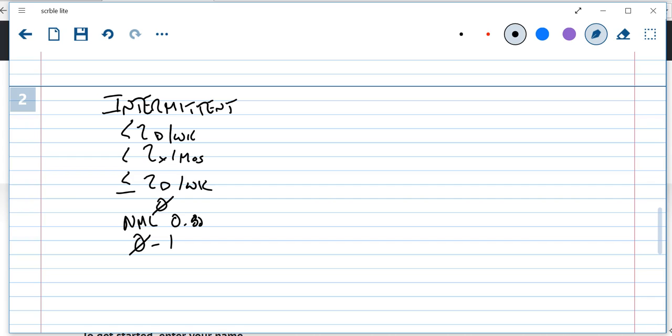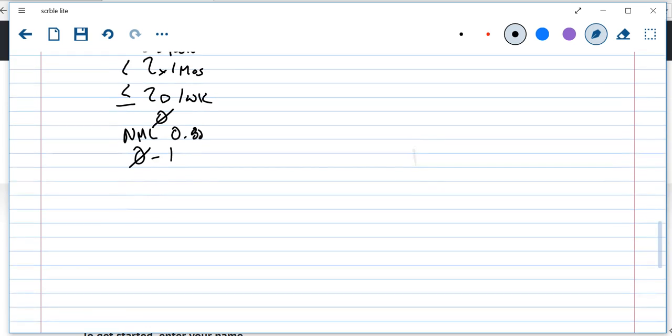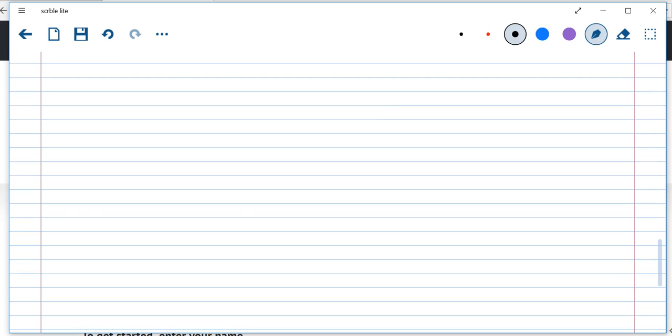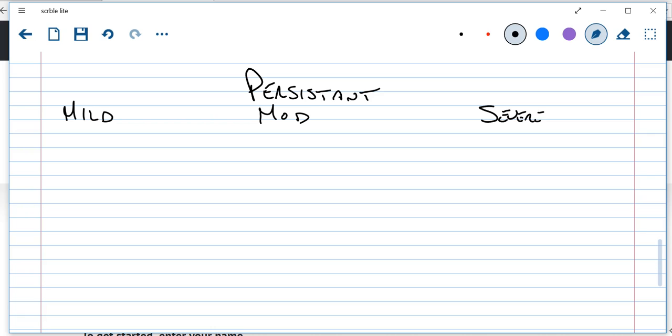So then we get into a category of asthma that all falls under the category of being what's called persistent asthma. So within that, you're going to have mild, moderate, and severe. Mild persistent, moderate persistent, and severe.